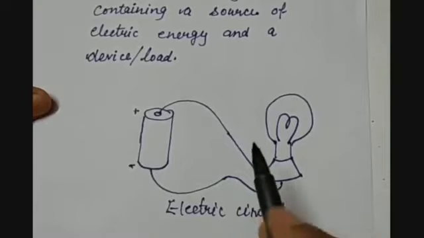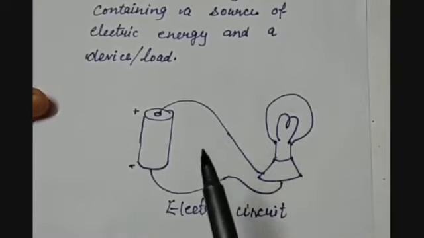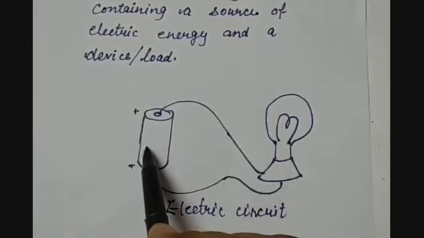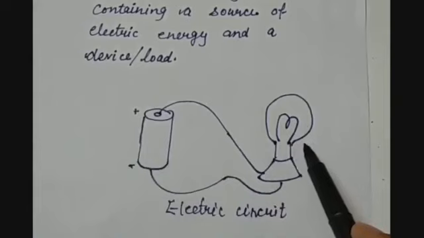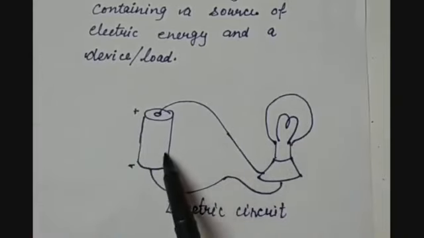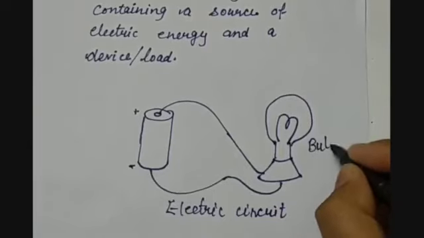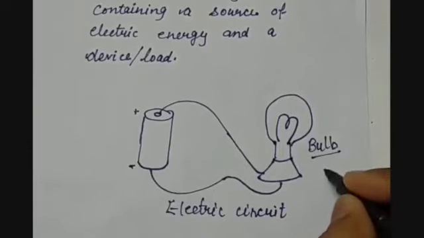Here I mentioned that it is a closed conducting path containing a source of electric energy and a device. So this is the simplest electric circuit we can make. Here that cell is providing the energy, electrical energy, and this bulb is acting as a load or a device.